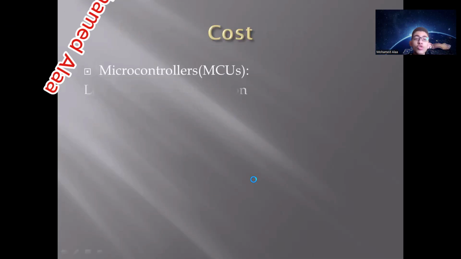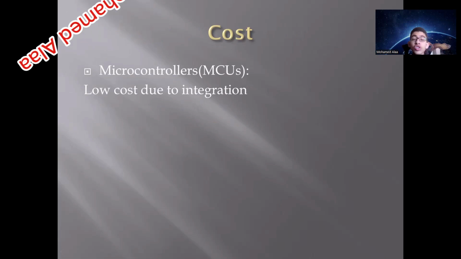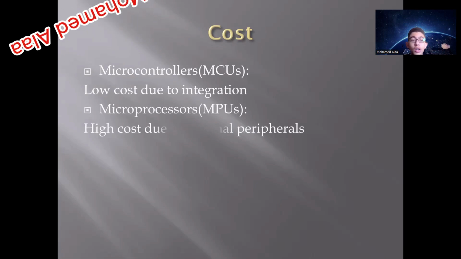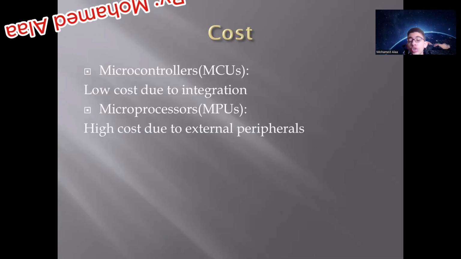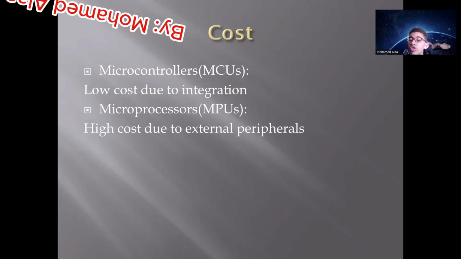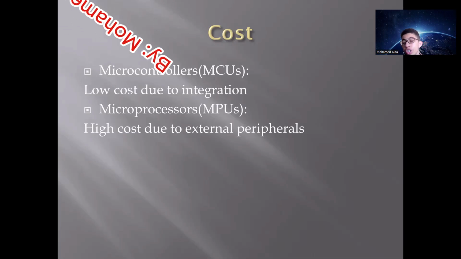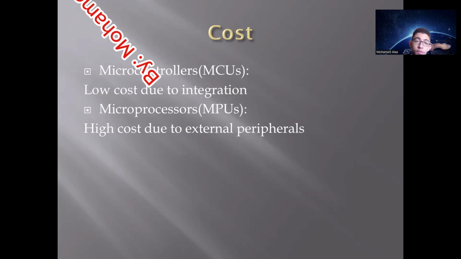Cost. Microcontrollers, their cost is low due to the integration of the components. But what about microprocessors, you say? They have a high cost due to external peripherals. Like the microcontroller has some ADCs and timers and input-output ports. You could just get that with just a few bucks. What about microprocessors? No, you require the microprocessor itself.